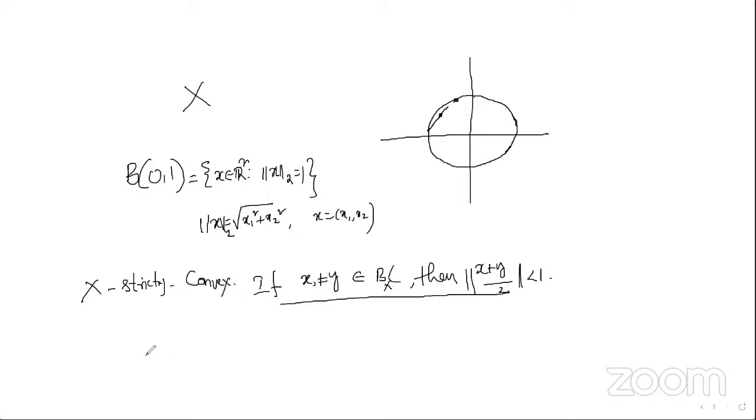Now let us see other spaces. For example, R2 with 3 norm. What is the meaning of R2 with norm 3? Our space is R2, which means our elements are ordered pairs.